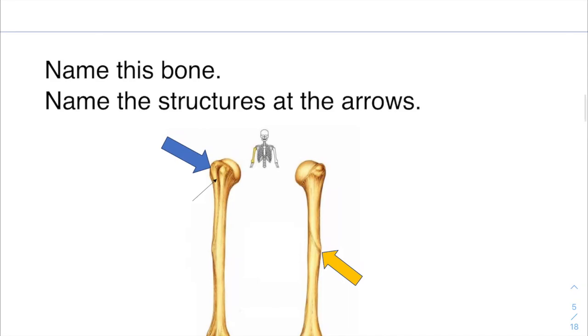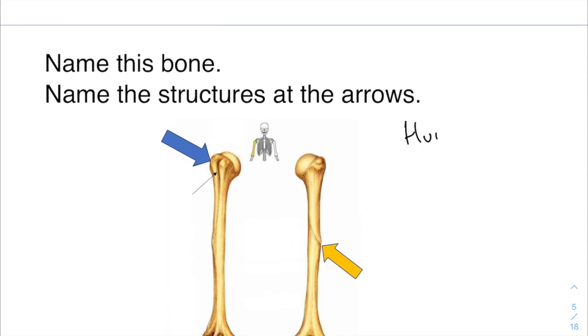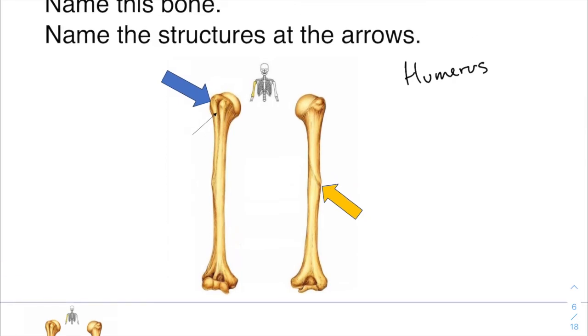So what we're looking at here is the humerus. So we are seeing two sides of the humerus. So this humerus specifically, as you can see on the body anatomically, from the anatomical position, this is the right humerus.